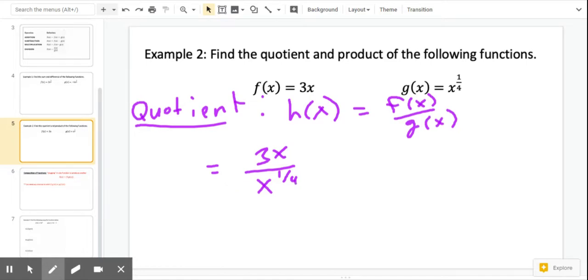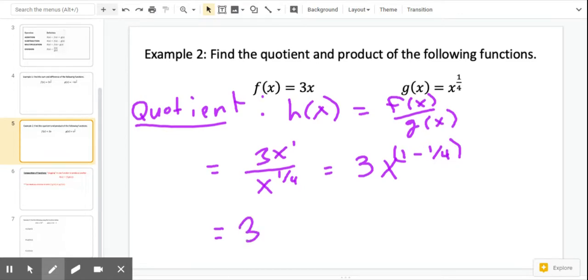our exponent rules again. So we have 3, and then we have x to the first over x to the 1/4. So that's going to be subtraction in the exponent. So x to the first, so it's going to be x to the 1 minus 1/4 power. So in order to figure that out, we're going to need a common denominator between these two numbers.